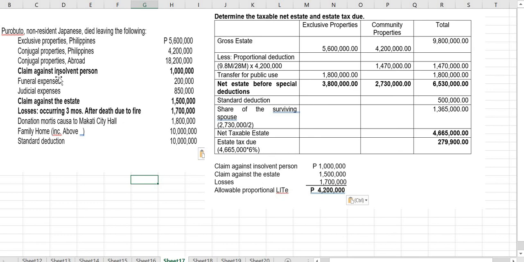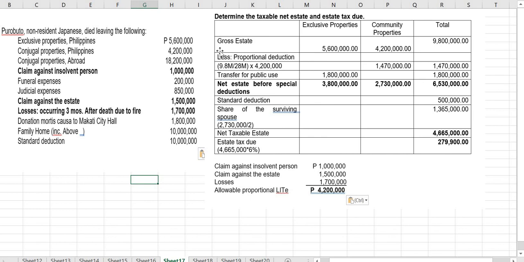So prorated here are the claim against insolvent person, claim against the state, and losses. So the claim against insolvent person of 1 million, claim against the state of 1.5 million, and losses of 1.7 million, the total is 4.2 million. So that is the allowable proportional, no?